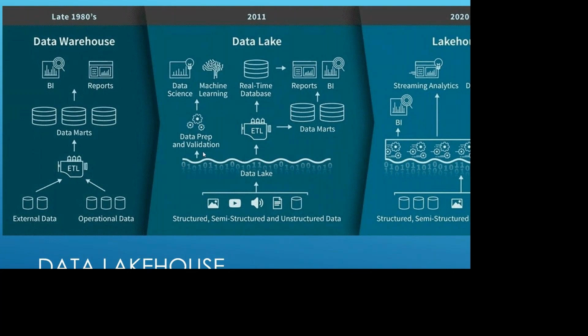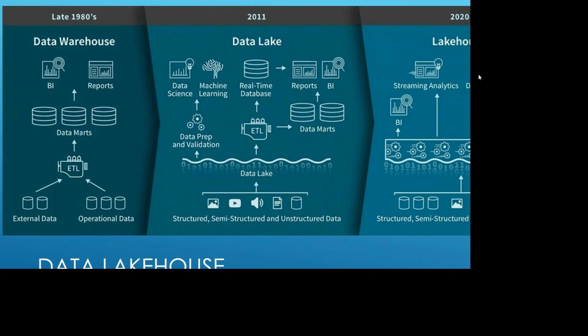And here machine learning and data science applications can use this data from the data lake, and it may be processed in the form of batch processing or real-time stream processing. And with the help of reporting tools, they will get these reports.